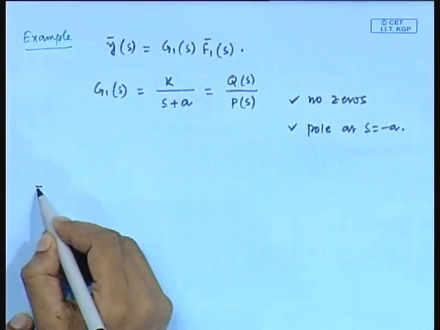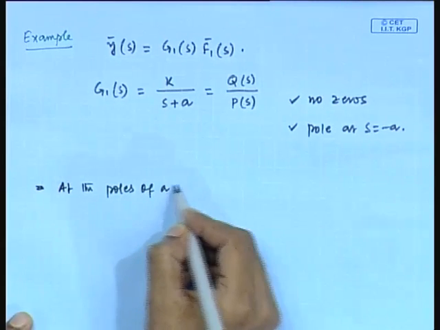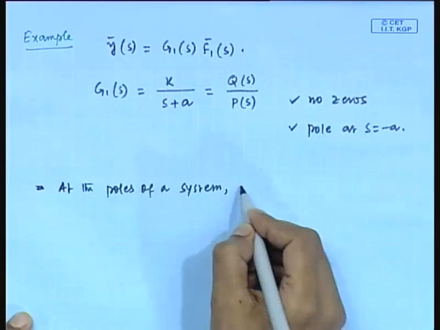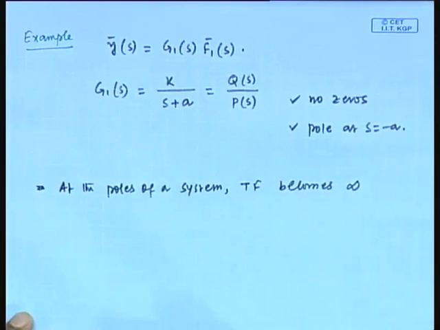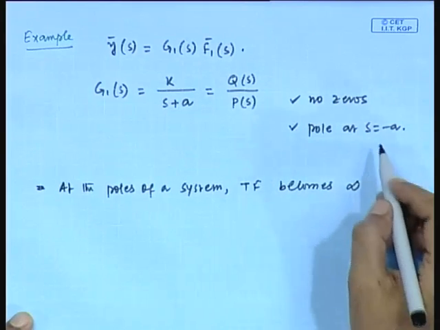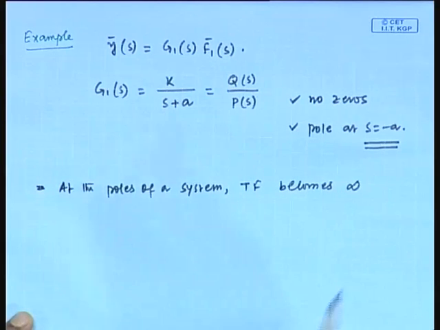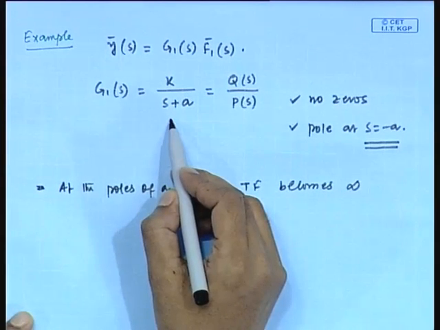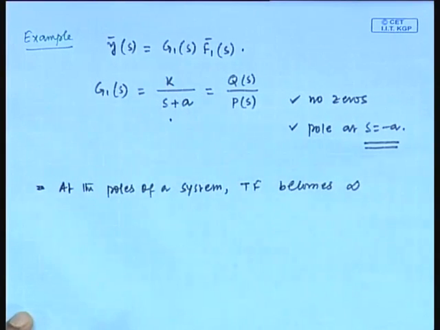Now, one point I want to mention, that is, at the poles of a system the transfer function becomes what? At the poles of a system transfer function becomes infinity. Fine, the pole for this system is at s equals to minus a. If we substitute in this equation s as minus a, the transfer function becomes infinity, is not it?